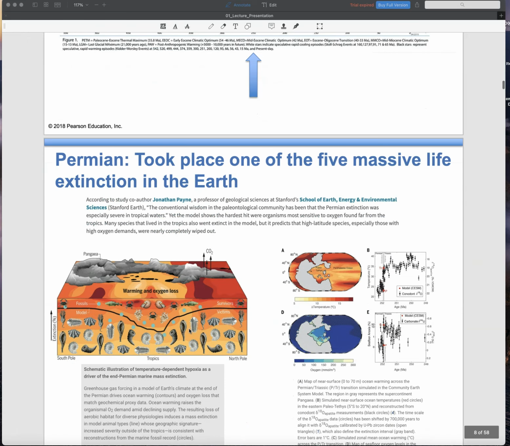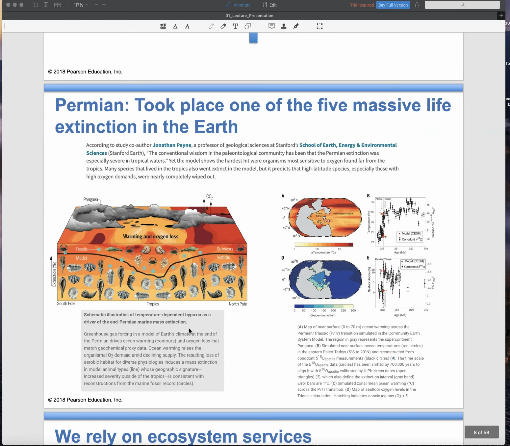So one of the theories explains that 250 million years ago, as I mentioned, there was just one big continent. That continent is called Pangaea.